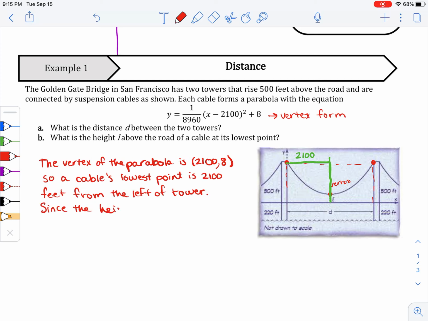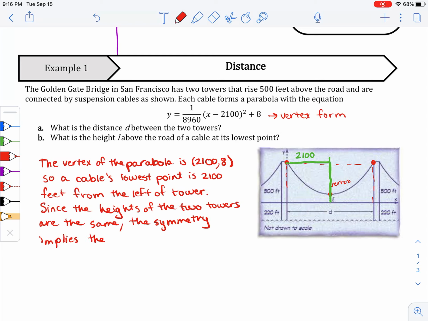So maybe you can guess then, if we want the total feet, since the heights of the 2 towers are the same, the symmetry implies that the vertex is also 2,100 feet from the right tower.